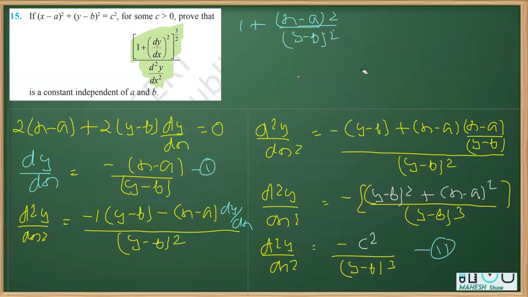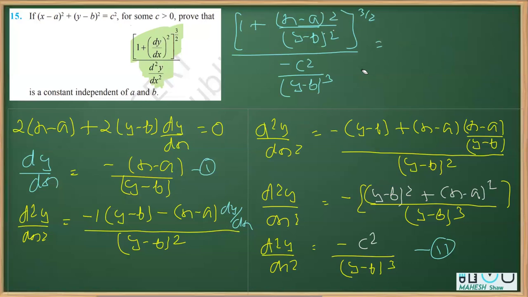And then you can see that it is with a whole power 3 by 2, divided by d square y by dx square, that is from equation 2, which is minus c square over (y minus b) whole cube.